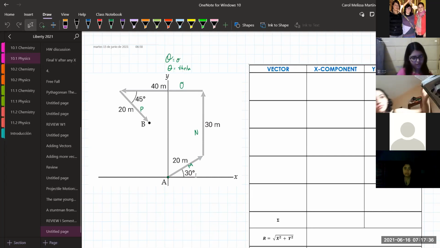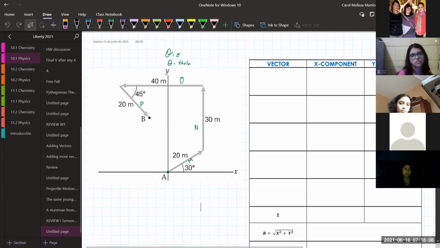So what we do in the first place is we locate all the vectors in the table of components. Remember what we do. We list all the vectors and we get each component. Remember that if they are horizontal angles, you're going to be using cosine for x and sine for y. What do I mean when I say horizontal angles?